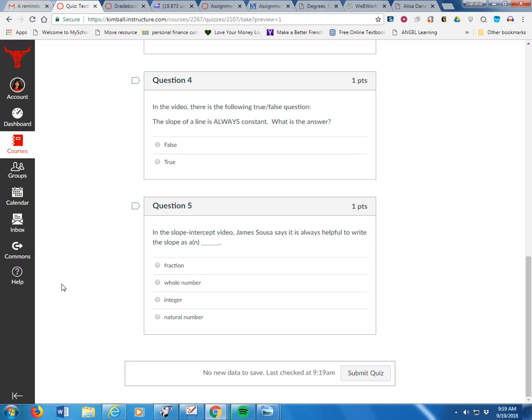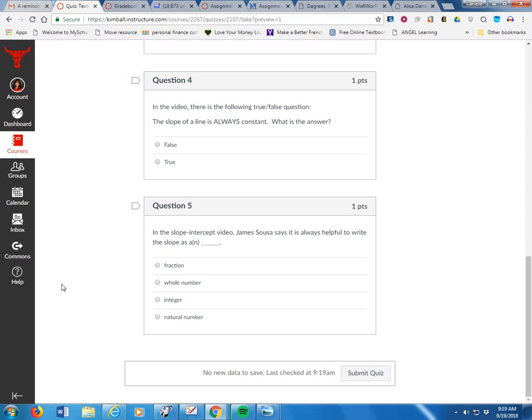And then finally, question 5. In the slope-intercept video, James Souza says it's always helpful to write the slope as a fraction, because that always tells you the change in y over the change in x. So if I told you the slope is 1.333 repeating, what would be easier for you to figure out what that really means? What's 0.3333 repeating as a fraction? A third.